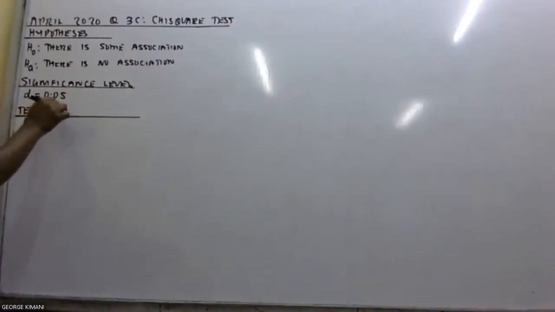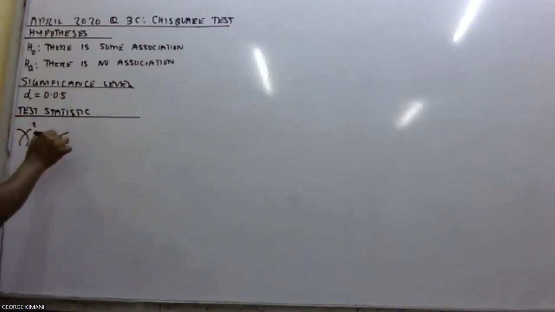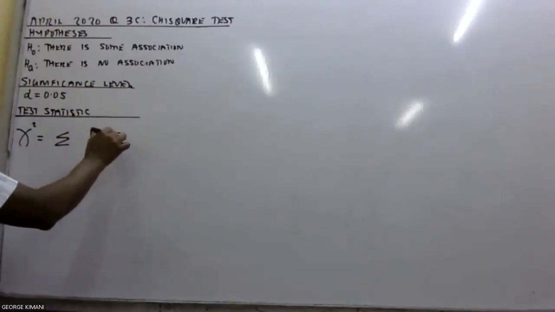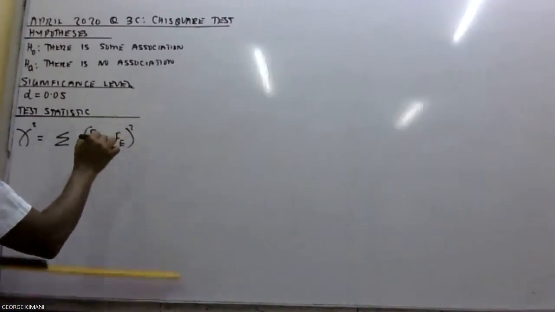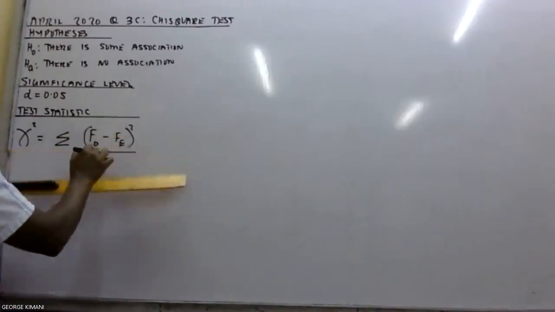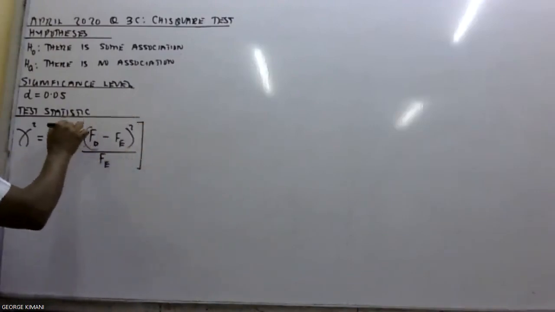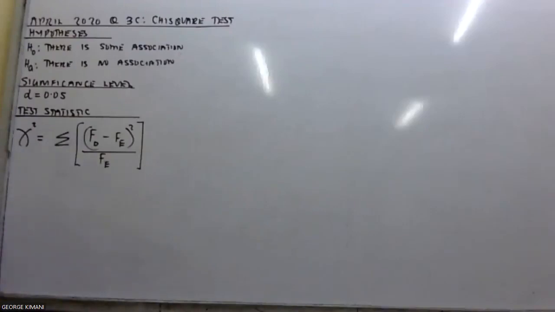In test statistic, chi-square is given as the sum of F naught minus Fe, squared, divided by Fe. That is how we get the chi-square.